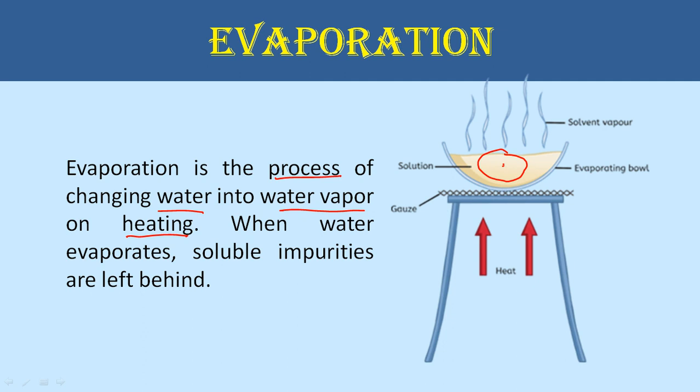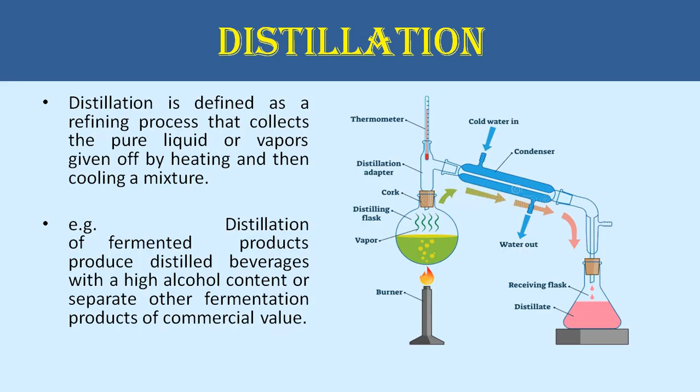Both together form salt solution. Now if we heat that salt solution, water will evaporate, or you can say water will change into water vapor with the help of heating, and salt, that is the soluble impurity, will be left behind. So this process is called evaporation.